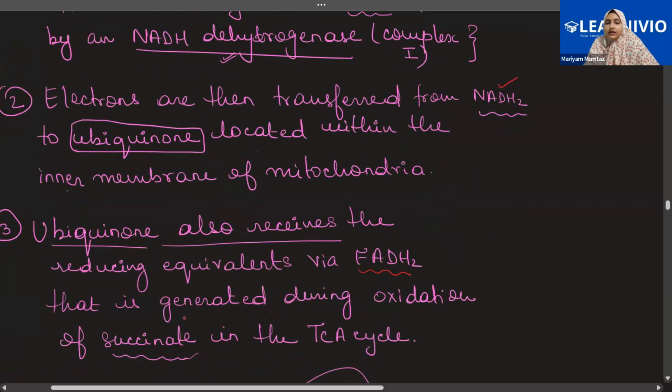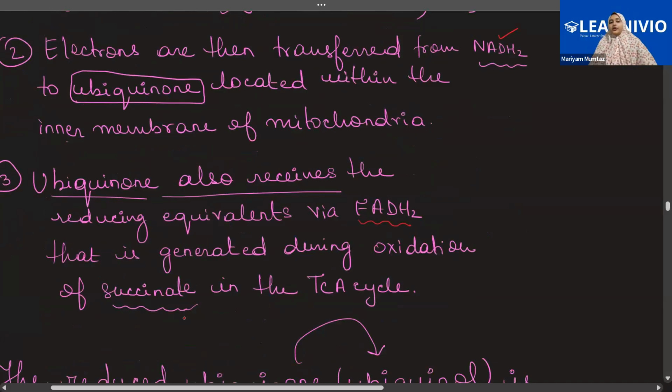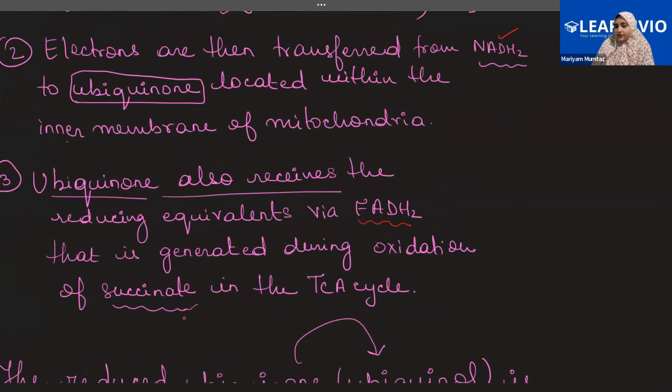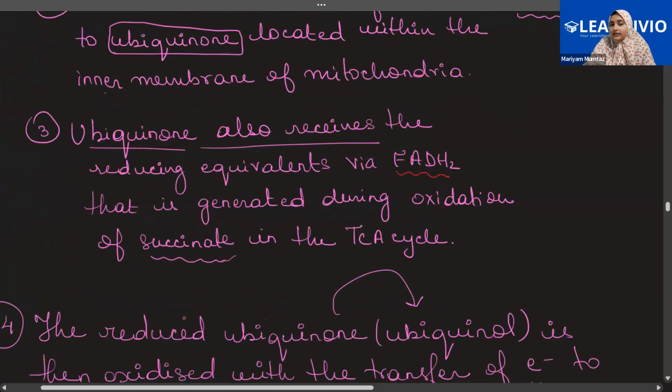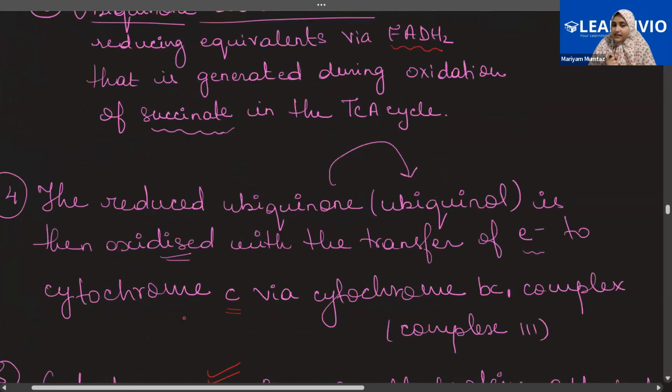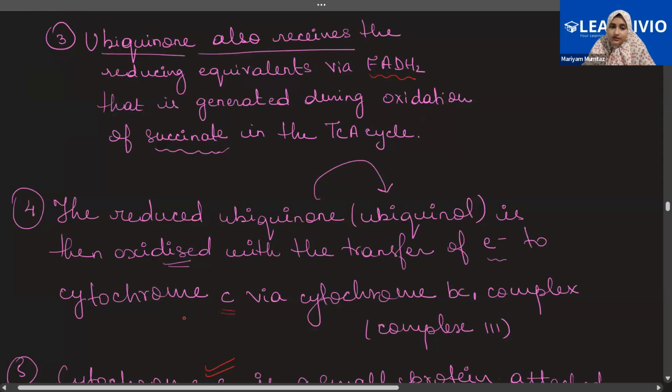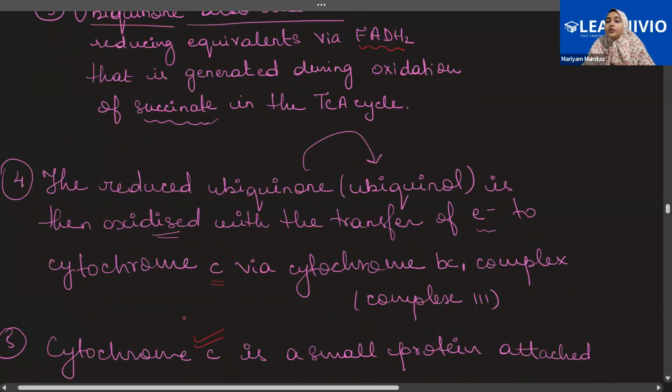Now, what happens? Ubiquinone receives reducing equivalents via FADH2, because we know during the TCA cycle, FADH2 is also being synthesized. So that also gives the electrons, and the ubiquinone receives from both of them. Once the ubiquinone receives the electrons, it gets reduced, right? So it becomes ubiquinol.